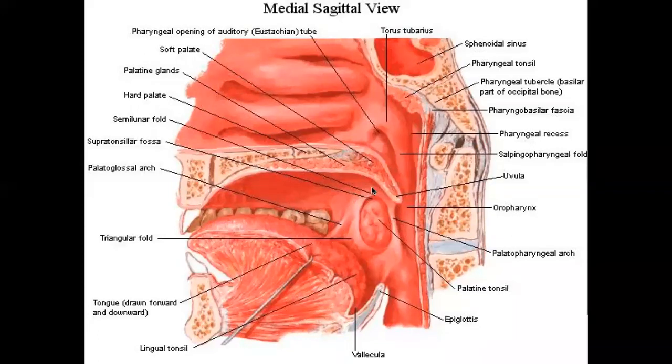The area between the oral cavity and the oropharynx junction is called the oropharyngeal isthmus. Isthmus means narrow area. This is the nasopharyngeal isthmus, and this is the oropharyngeal isthmus. The oropharyngeal isthmus is usually closed when you are taking a breath.